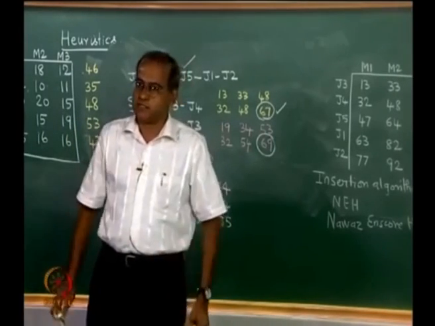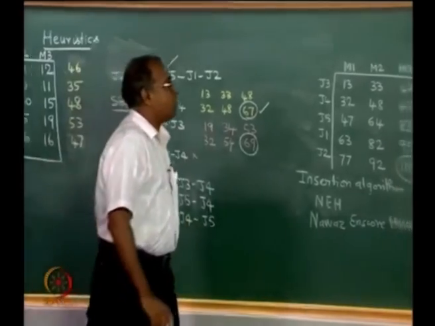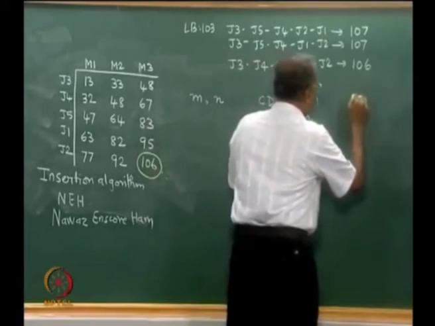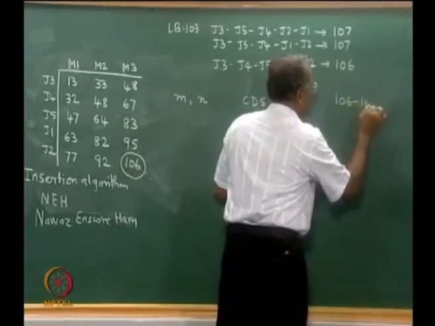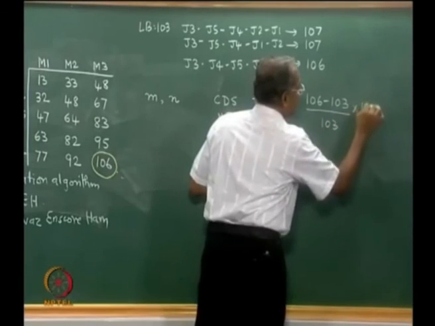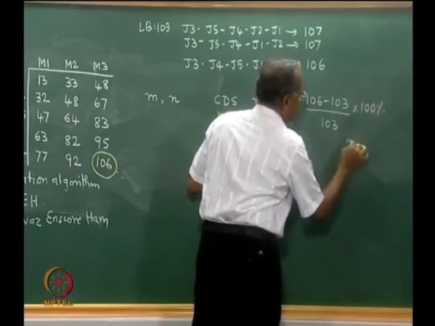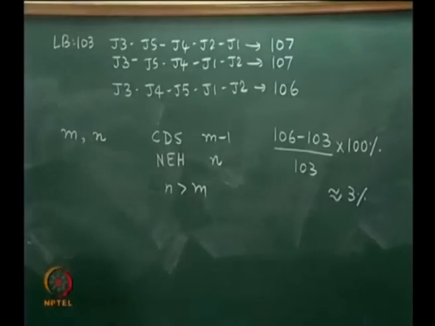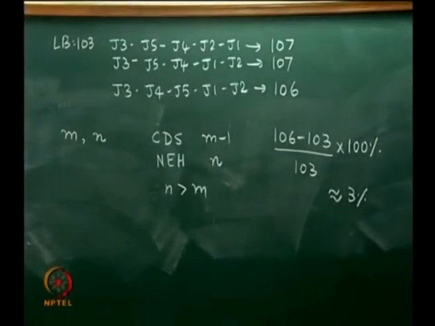the makespan minimization. Now that we have a solution with 106, then the goodness will become 106 minus 103 divided by 103 into 100%. Now this is of the order of 3%, whereas with 107 it was of the order of 4.